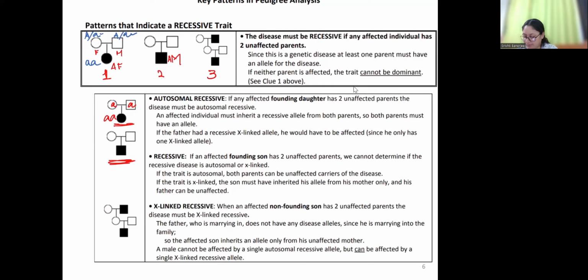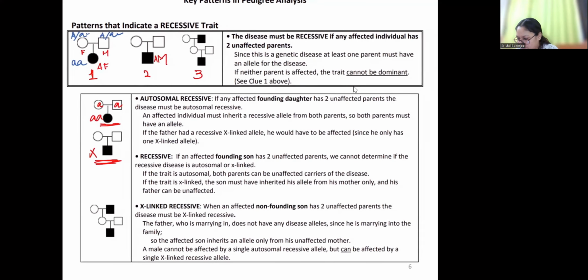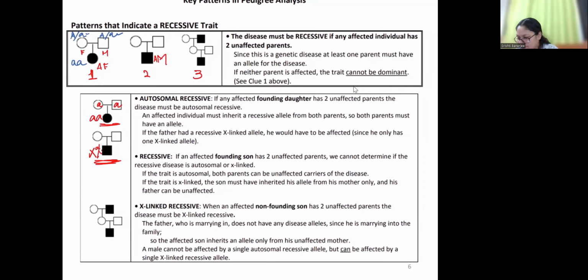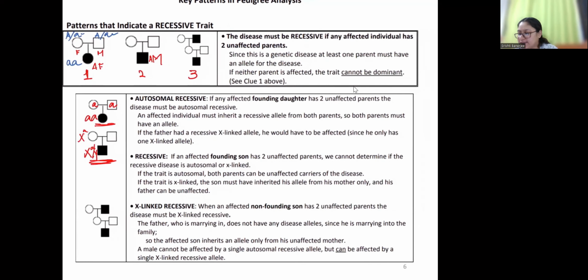Like suppose an affected male, so it would be like this. And Y will be coming from here, and XA is like the carrier form in the mother. So that is how an affected male arises.